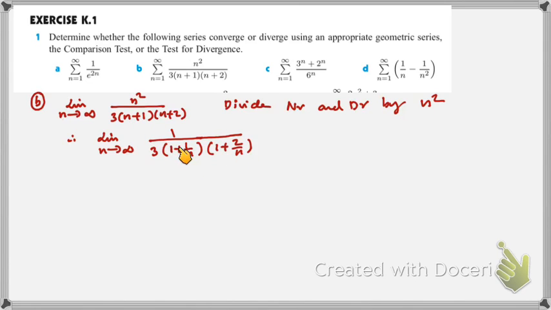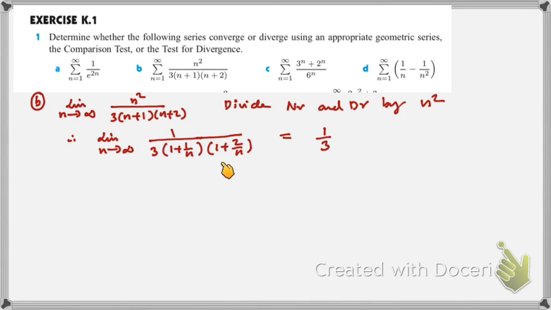So n plus 1 gets divided by n, which is 1 plus 1 by n, and n plus 2 gets divided by the second n, which makes it 1 plus 2 by n. And here when I apply the limit, 1 by n goes to 0, 2 by n goes to 0, so I'll be left with 1 by 3. The limit of it is 1 by 3.